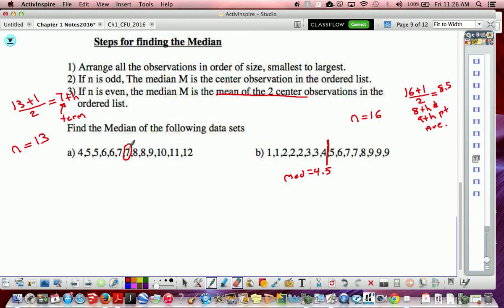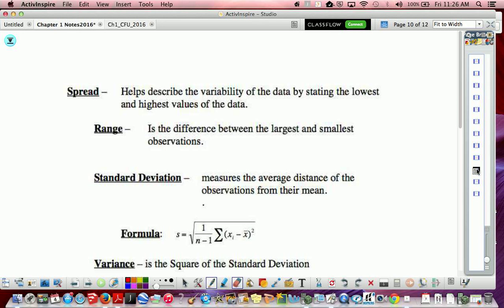All right, can we go to the next page? Do that one kind of quick. Spread. We've already talked about the spread. It helps describe the variability. This is a word that we like to use in statistics, variability. Not everybody scores the exact same value.